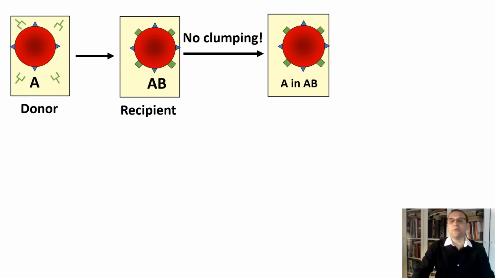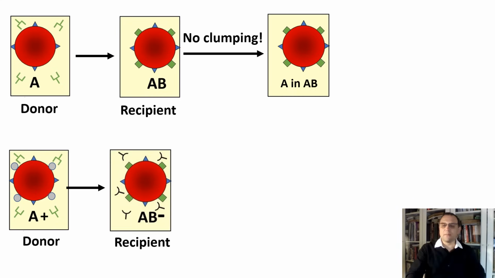You remember when a few minutes ago we came to the conclusion that it is fine to put A-type blood into AB recipient. But now, keeping in mind the antigen, you hopefully realized that things might not be the same. So please answer the question, what will happen if we take A rhesus positive blood type and transfuse it into AB rhesus negative?